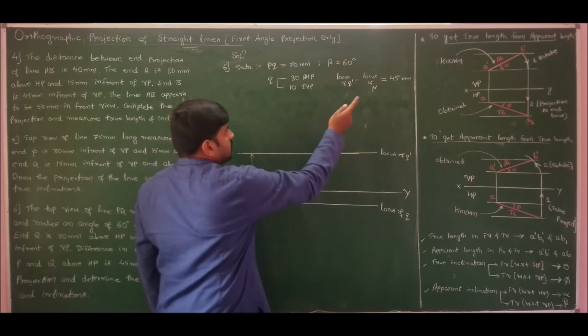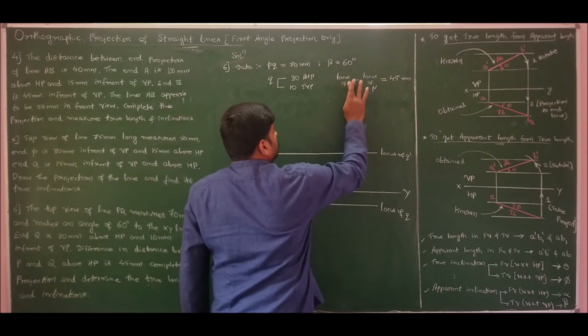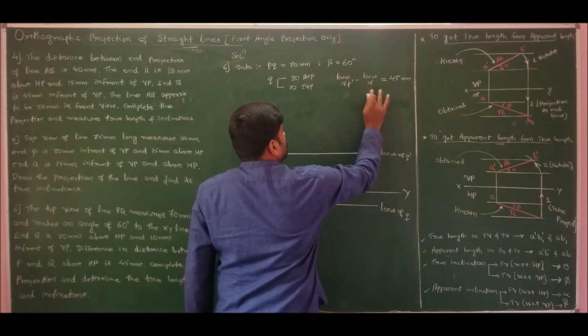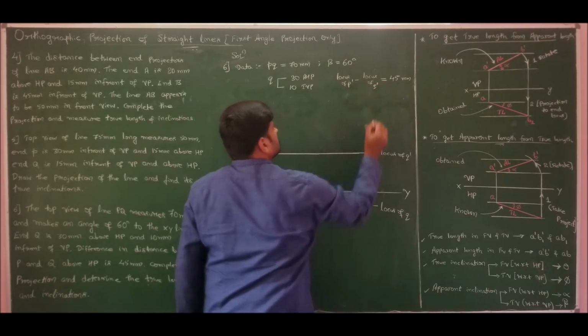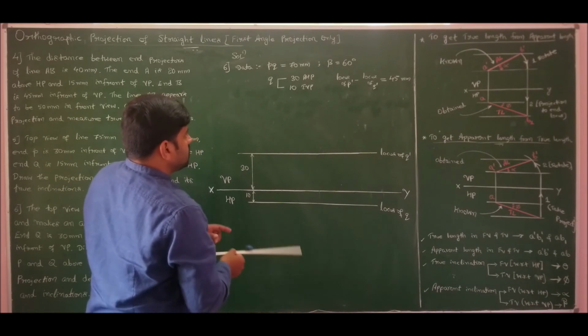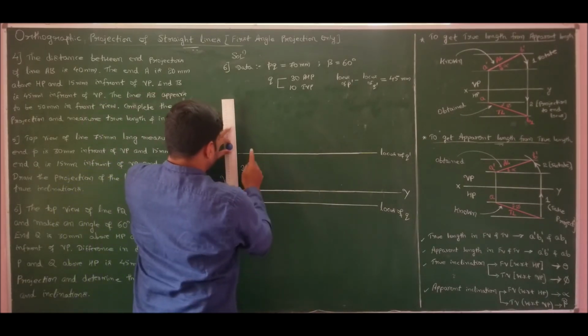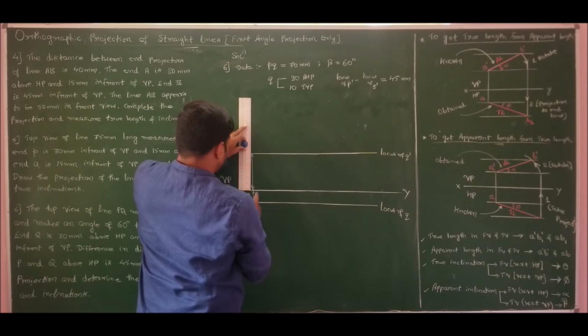So this is the locus of P dash minus the locus of Q dash. The only option is to take the locus above. So from here you should again measure 45. Therefore, from the XY line you should take 75.